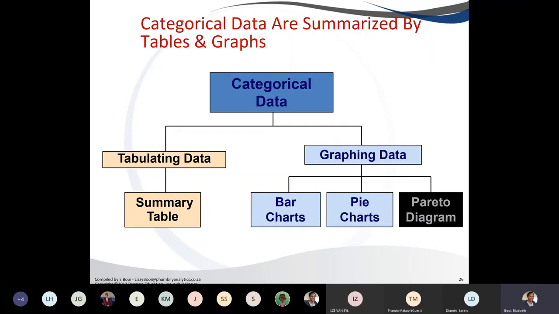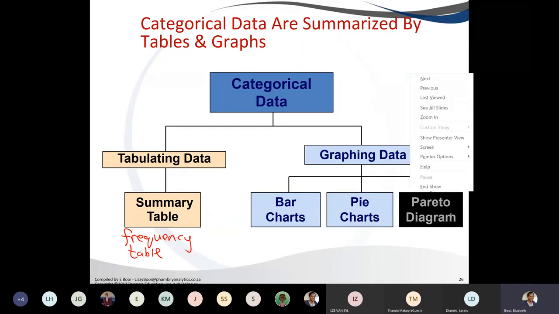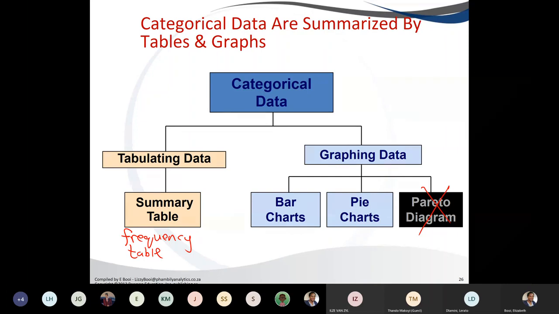You can either create a frequency table, which is also called a summary table, or a frequency tabulation. Or you can create a graph, which can be a bar chart or a pie chart. You do not have to worry about the Pareto. In your module, you don't learn what the Pareto is. So those are the only 3 things that we're going to cover now.